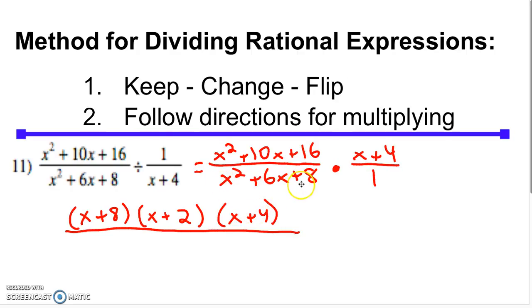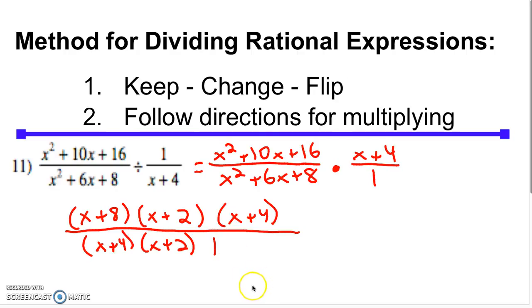So now I'm going to factor the x squared plus 6x plus 8, and when you do that, you get x plus 4, x plus 2, and there is also a 1. You can write it or not, but of course multiplying by 1 won't change anything.